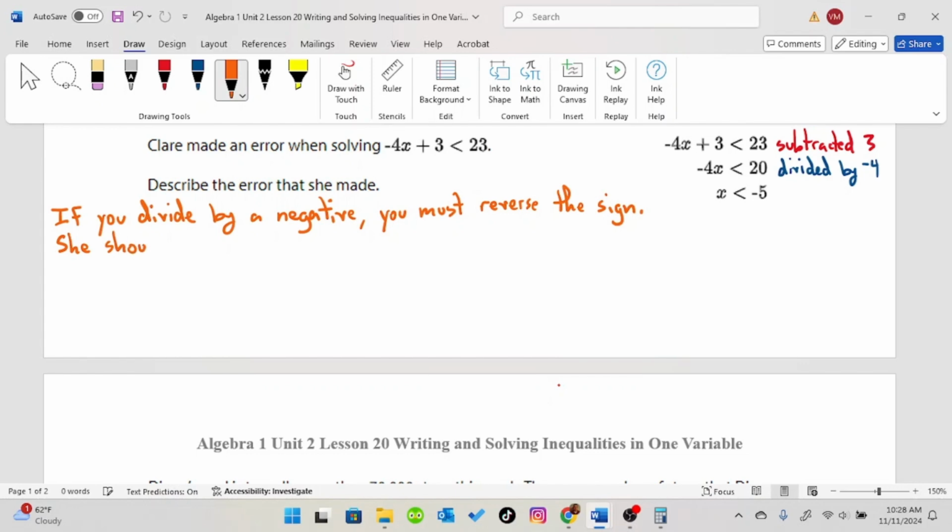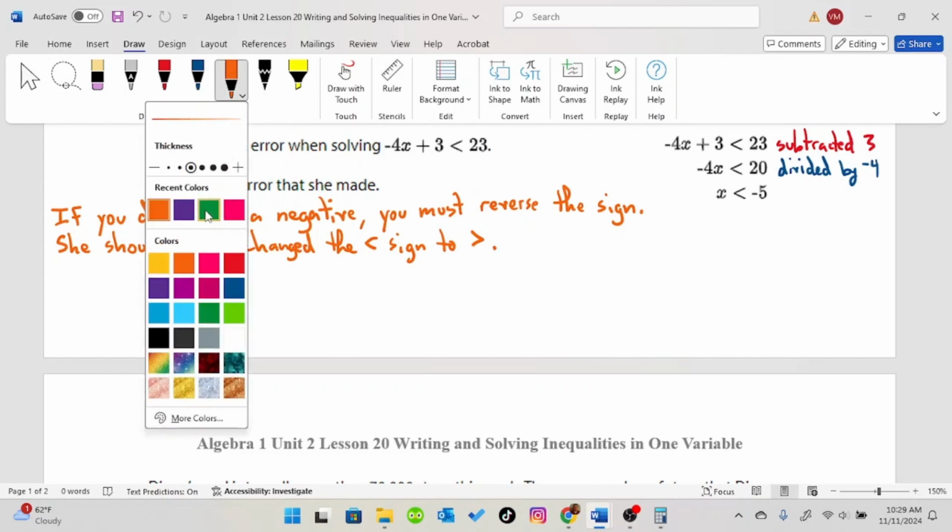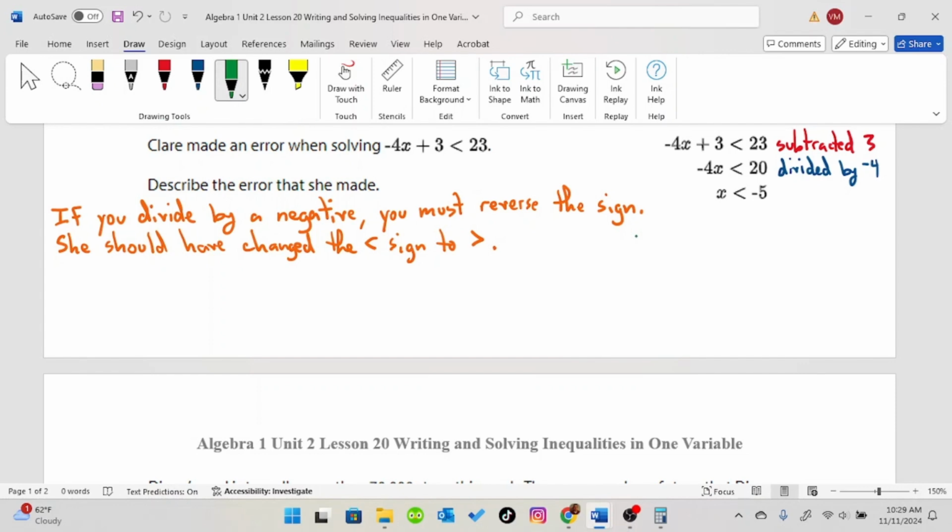She should have changed the less than sign to greater than. And just to demonstrate that this is true, let's take a look. This says x is less than negative 5.